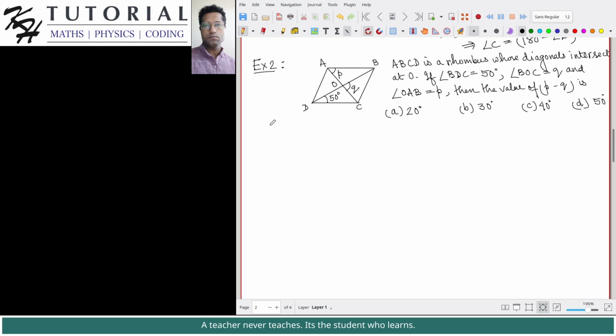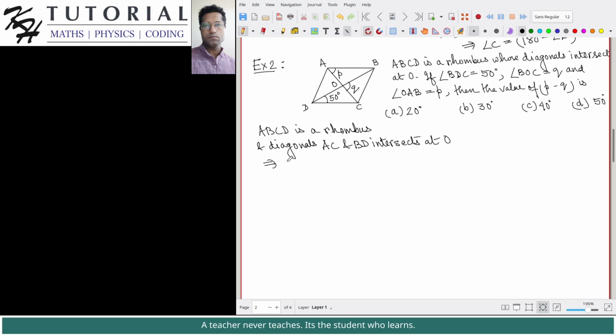Now definitely, since ABCD is a rhombus and the diagonals AC and BD intersect at O, we know that in a rhombus the diagonals intersect at right angles.